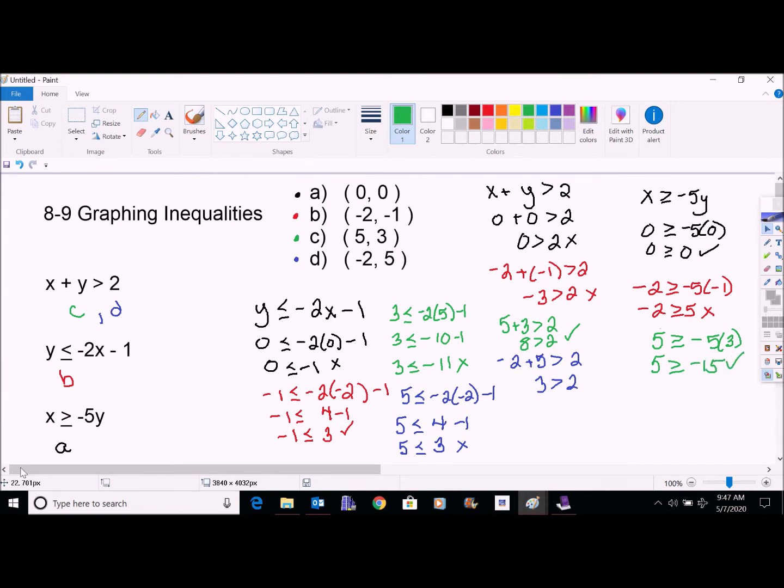Sure it is. So that tells us that C is also working here. And then D, -2 greater than or equal to -5 times 5. -2 is greater than or equal to -25. Sure it is. So D is also a solution here. So what you can see is, if you're given a list, sometimes you get one solution, sometimes you get 2 solutions, sometimes you get 3 solutions, and on and on.